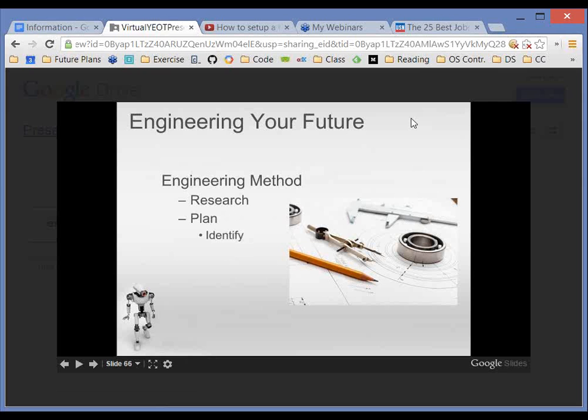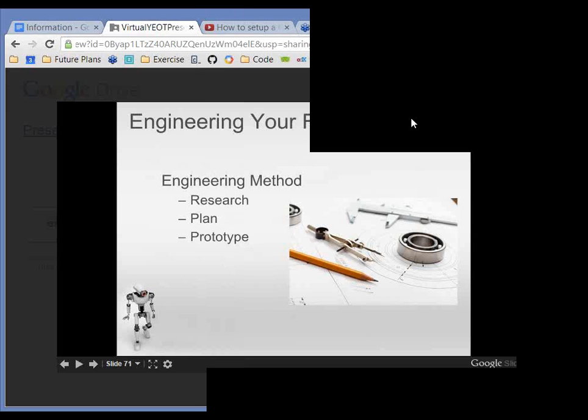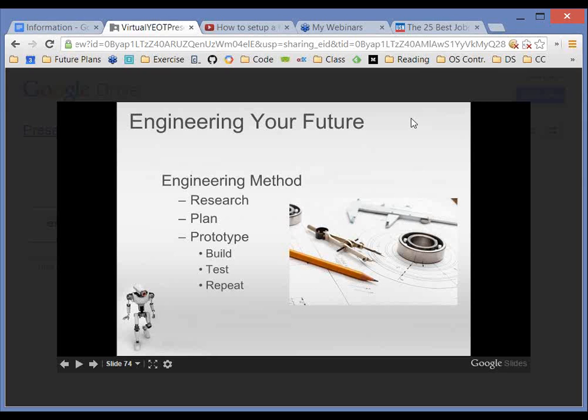Then they plan, they identify problems, brainstorm solutions. They select an idea, one probably, or a couple. They make models and simulations, and they make a proof of concept. They prototype it, they test it, they build it, test it, rinse, repeat, over and over.